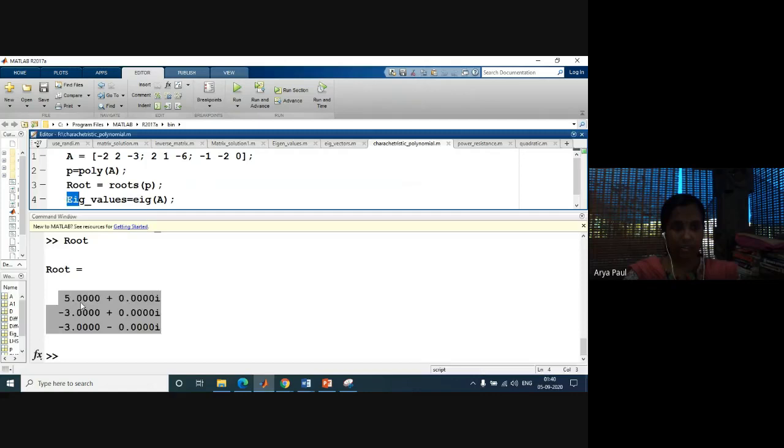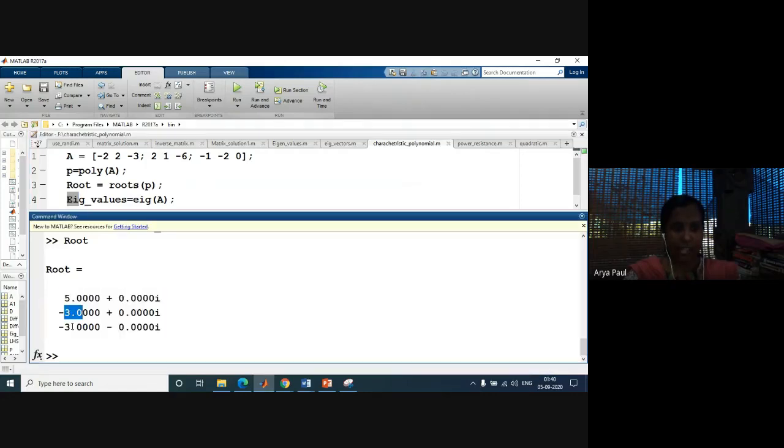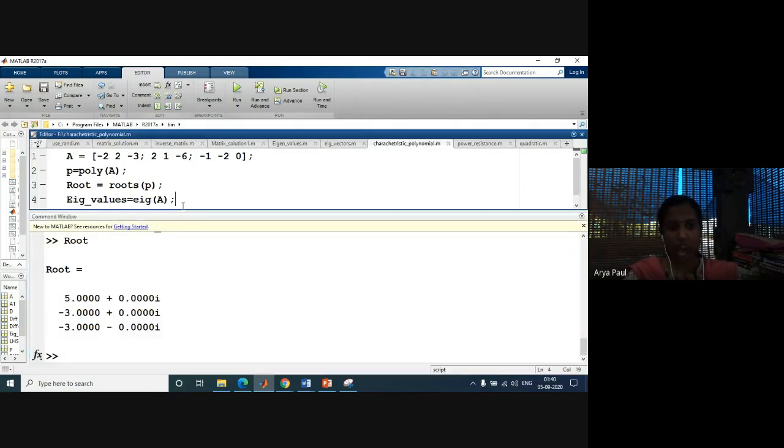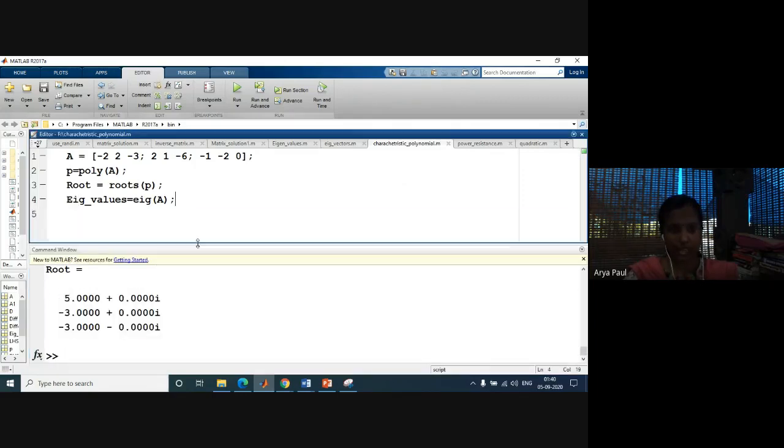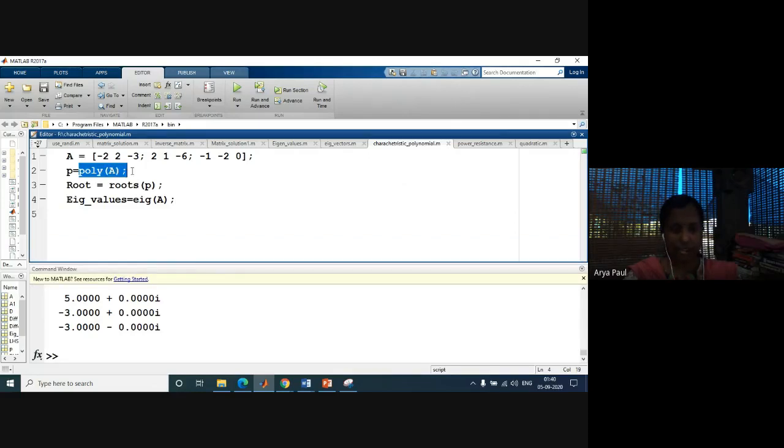See here, eigenvalues minus 3, minus 3, minus 3 and 5. These are the eigenvalues and they are the same as the roots also. I hope this is clear. So you can find the characteristic polynomial using the POLY function. Roots of the characteristic polynomial will be the same as the eigenvalues. I hope this is clear. So thank you.